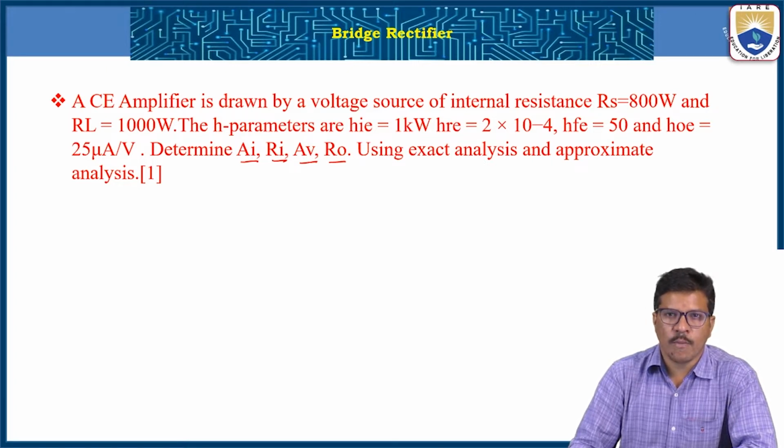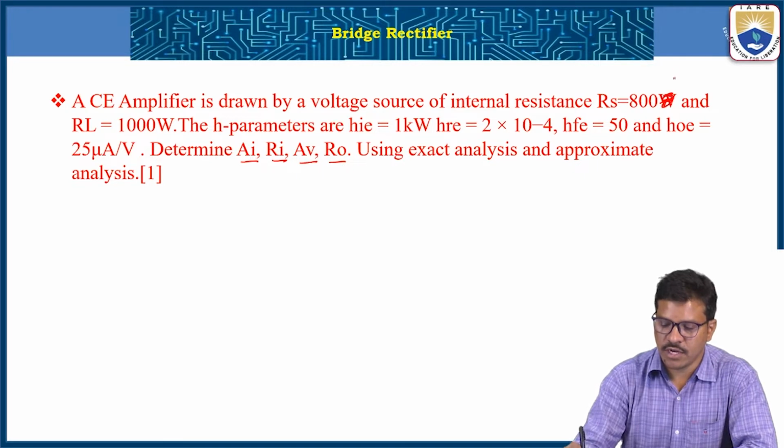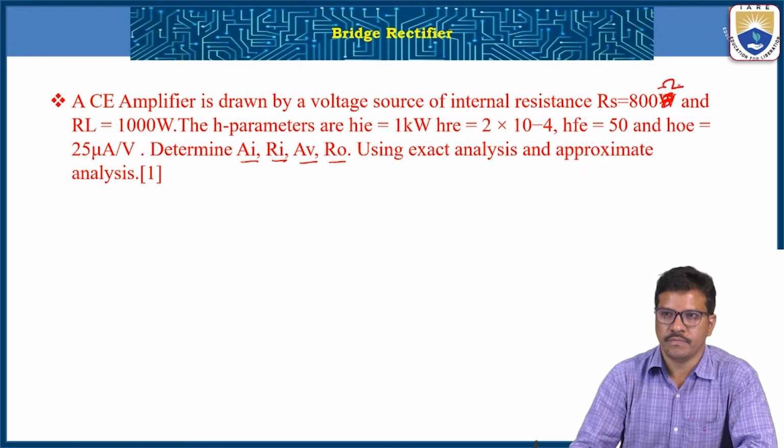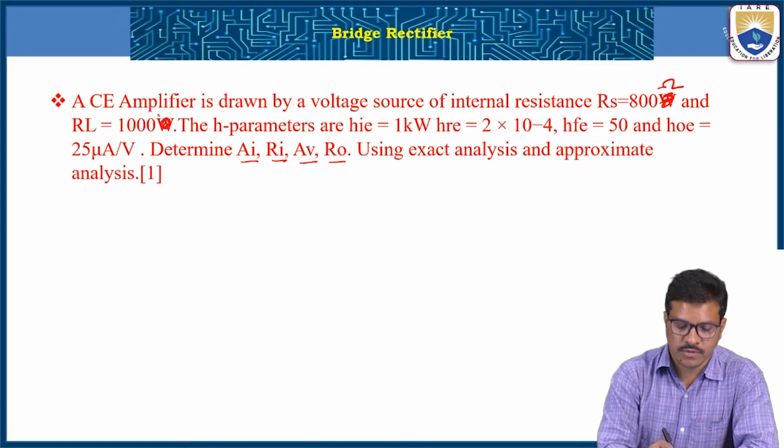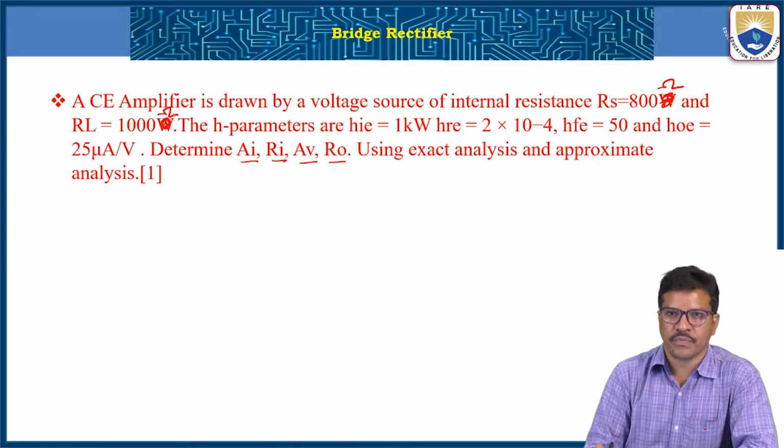This common emitter amplifier is driven by a voltage source of internal resistance Rs, 800 ohm. RL is equal to 1000 ohm, means 1 kilo ohm.